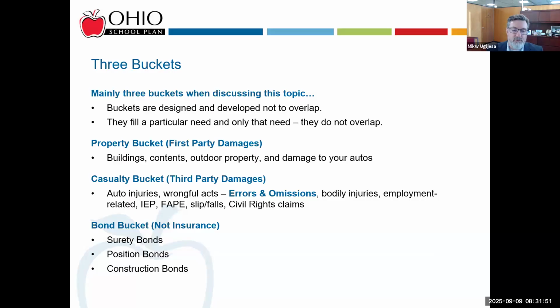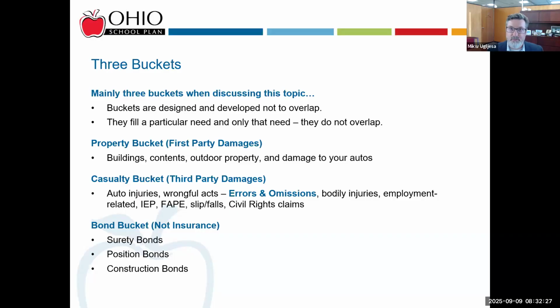From a high level, there are three buckets we're going to be referring to this morning: the property bucket, which is first party damages; the casualty bucket, which is third party damages; and the bond bucket, which is a different animal. It's actually not insurance. It's a contractual financial instrument. Each bucket is designed to fill a particular need for a particular purpose, and they're designed not to overlap.